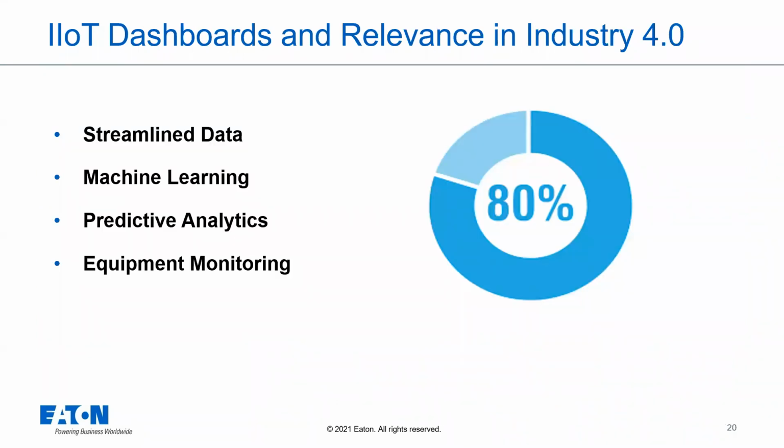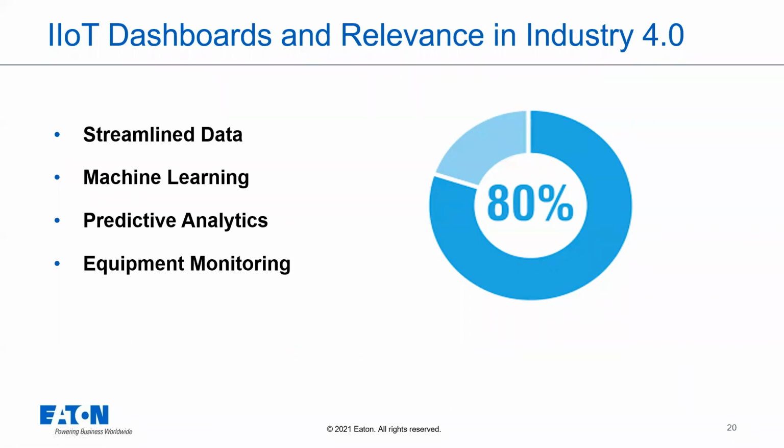Now, let's talk about the relevance in Industry 4.0. So we have streamlined data, machine learning, predictive analytics, equipment monitoring, and we have this 80% thing right here, right? So let me explain it. So how can I put this?